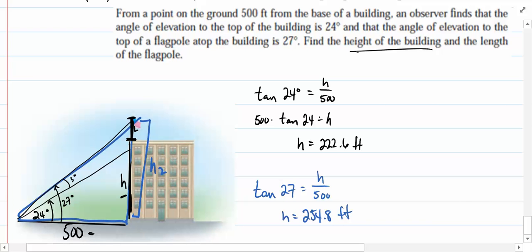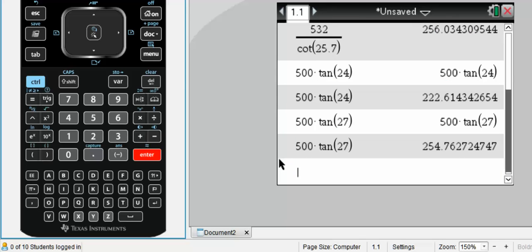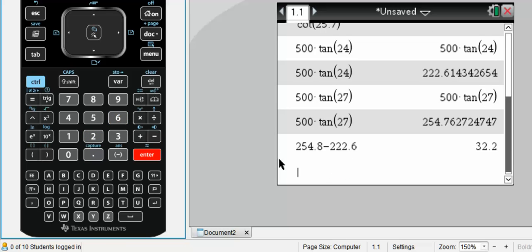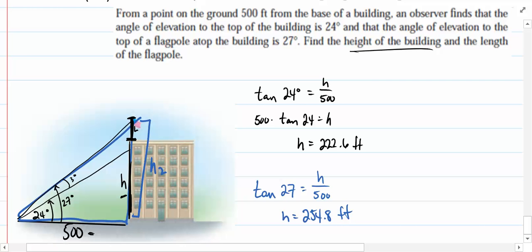Now to subtract the 254.8 minus 222.6 leaves me with a height of about 32.2 feet.